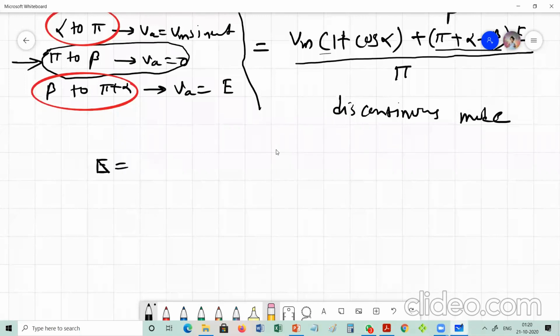E is equal to Ke φ ωm, but for a separately excited DC motor, φ is constant.